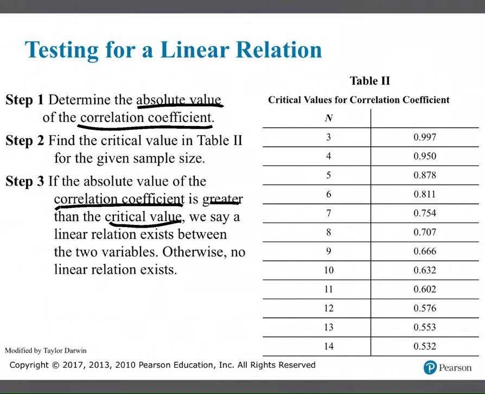We say there is a good linear relationship. Otherwise, it doesn't. Basically, if you only have 3 pairs, you should have a very high relationship. It's saying the more pairs you have, the more wiggle room you have, right? It kind of goes down, but it's just another way for you to check to make sure that you got a good relationship.